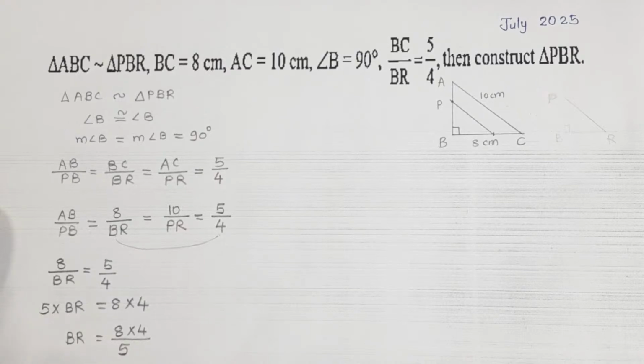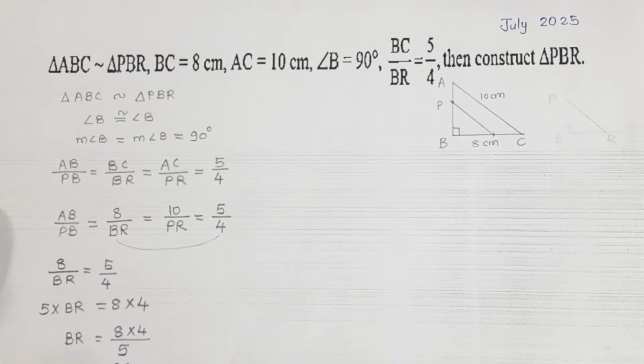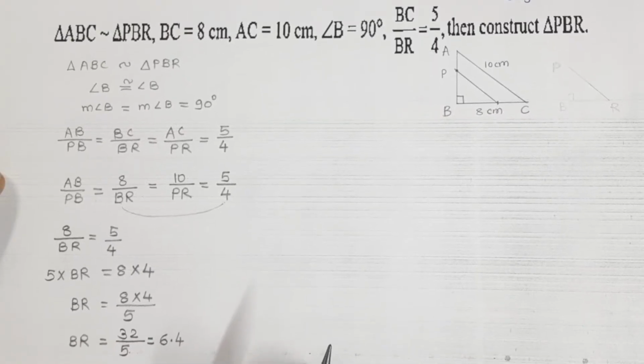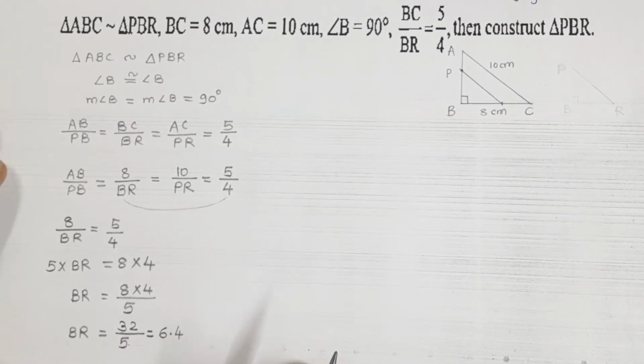Okay students, that means BR is equal to 32 upon 5, and 5 sixes are 30 and 5 fours are 20, so BR is equal to 6.4. So here students BR is equal to 6.4.